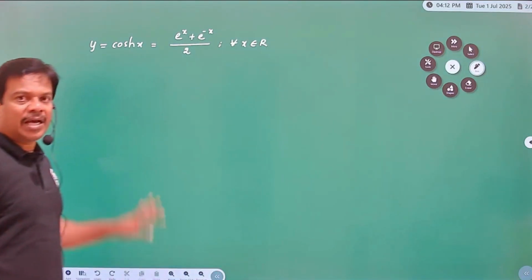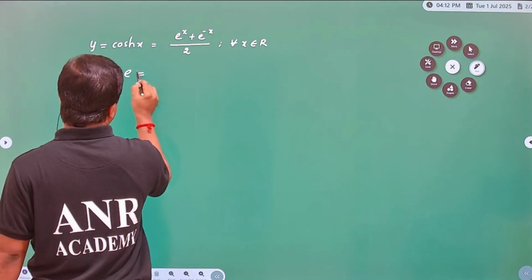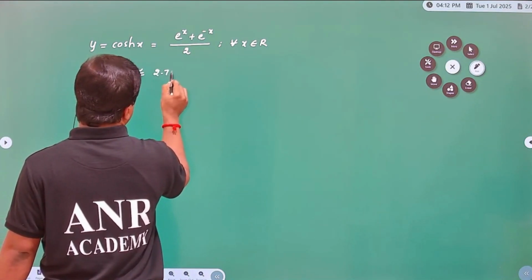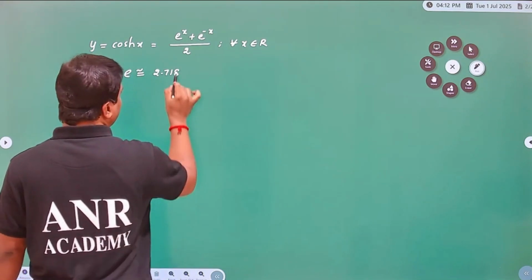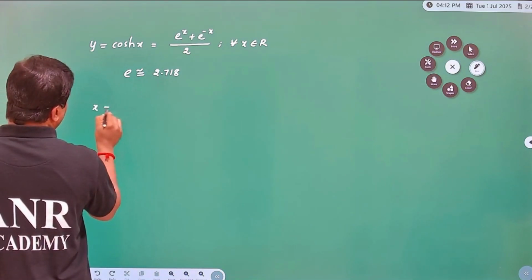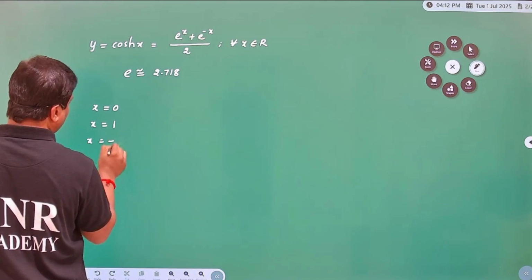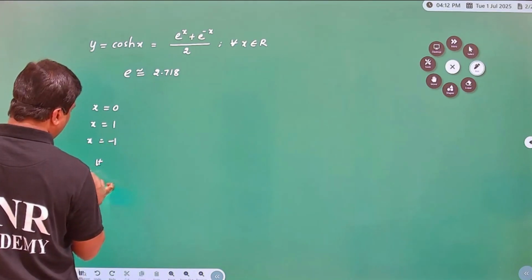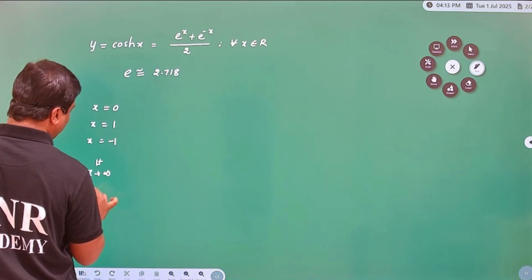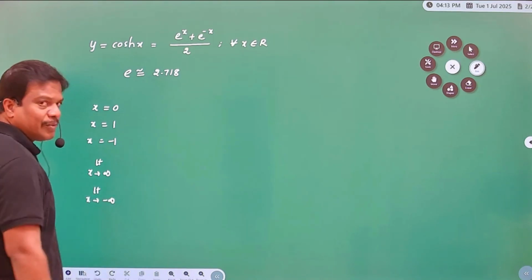Again here e is nothing but the Euler number, approximately 2.718. Now put x equal to 0, x equal to 1, x equal to minus 1, and x value suppose infinity. What happens, observe. Also as x tends to minus infinity, what is the function?